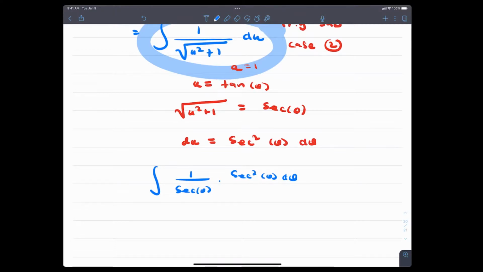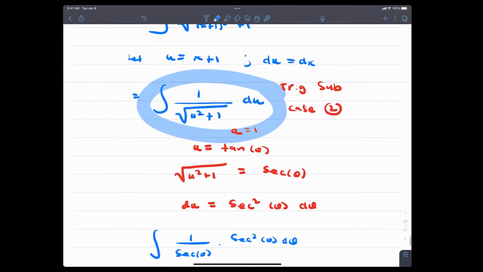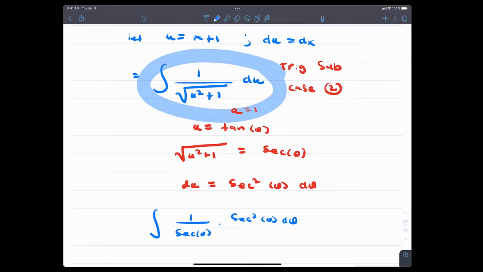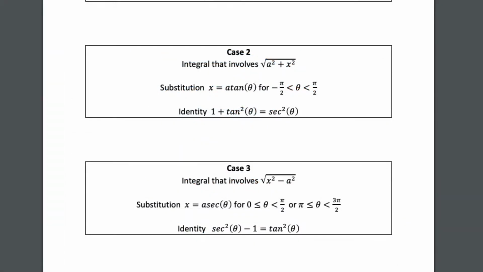Double check. Did we make a mistake? What does case 2 say? Ah, we made a mistake. What is u? No, did we make a mistake? Double check, because we're out of time.